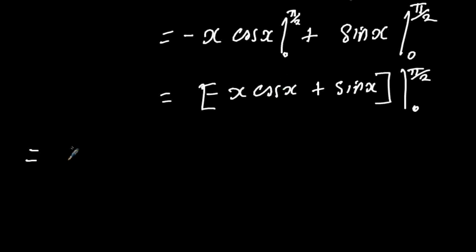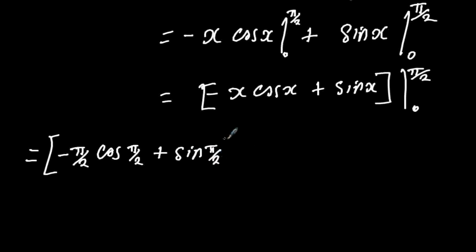That will equal to negative pi over 2 cos pi over 2 plus sine pi over 2, then minus, substituting in 0, that will be negative, and the x is 0, then cos of 0.